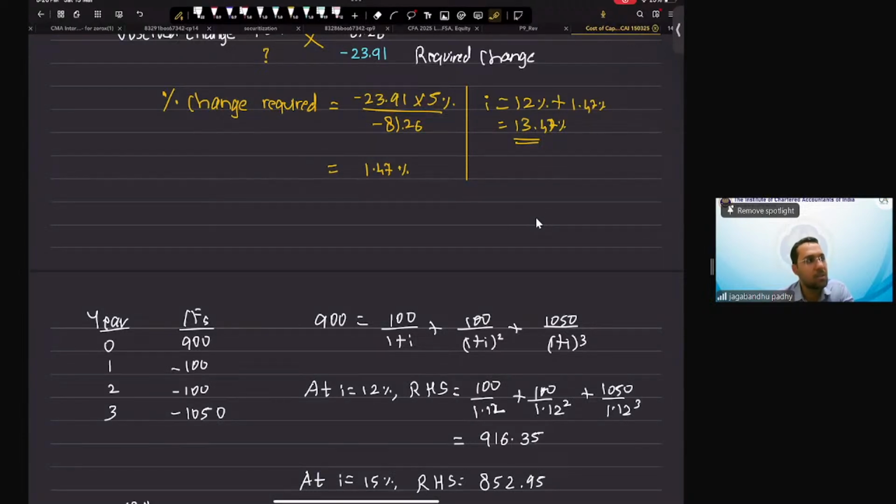Whatever is to be taken, the question will specify. If the question is silent, you have to take the sales. Sales divided by fixed assets. Fixed asset after depreciation.